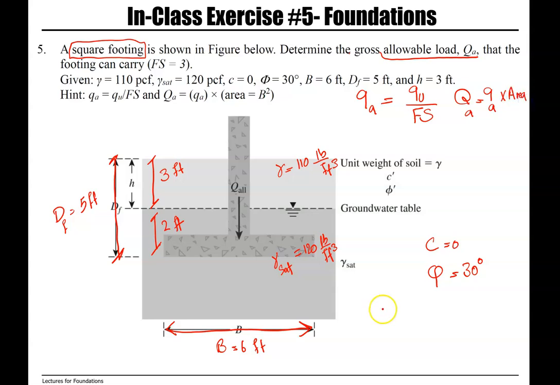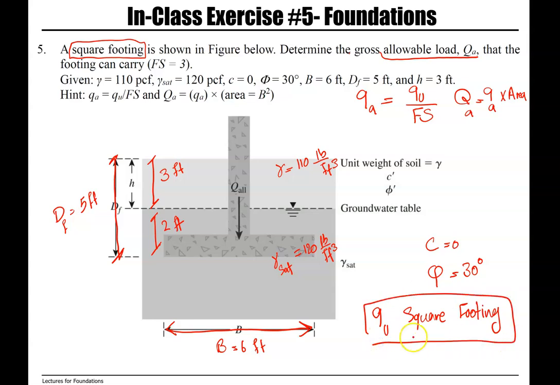So we need to start by calculating ultimate bearing capacity for a square footing. We do that, then divide that number by factor of safety. We get allowable bearing capacity. Then multiply that by the area of footing and we have load.